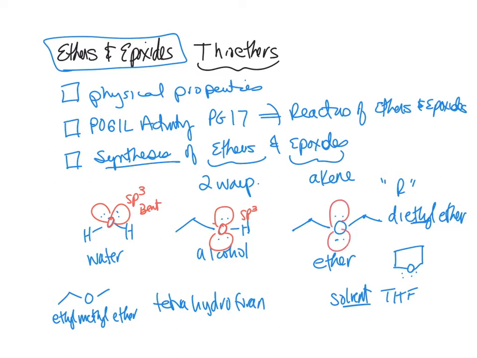Here, sp3. So you have an sp3 carbon, and it's going to be bent like water. So this is actually going to have both these lone pairs on the same side, and it's going to be not 109 degrees, but it's going to be less than 109.5 degree angles.